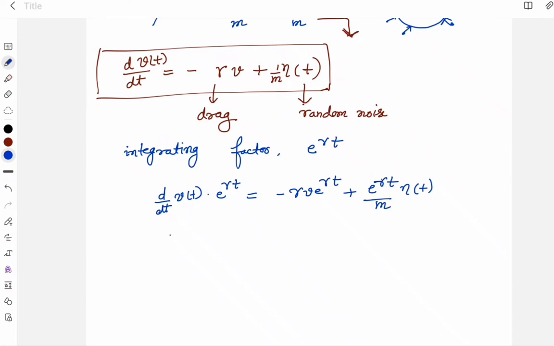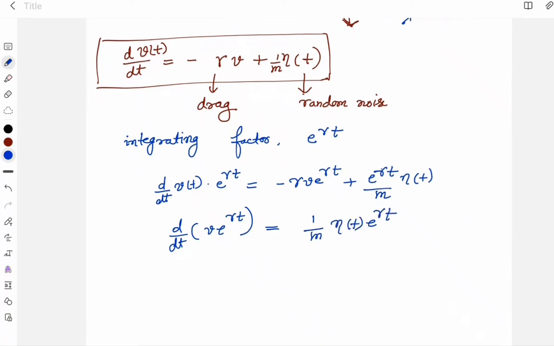Take this to this side, so this will become d by dt of V(t) e to the power gamma t, and this will be 1 over m eta(t) e to the power gamma t.